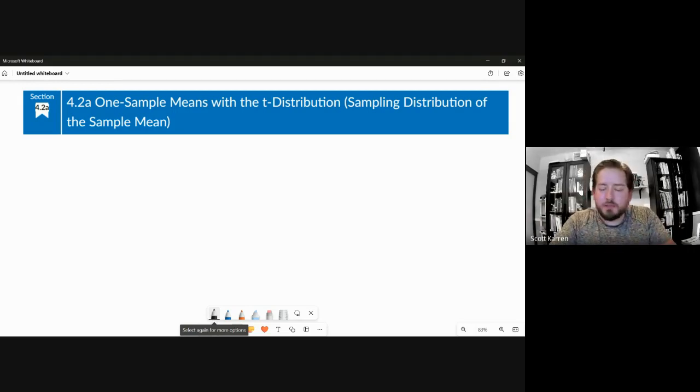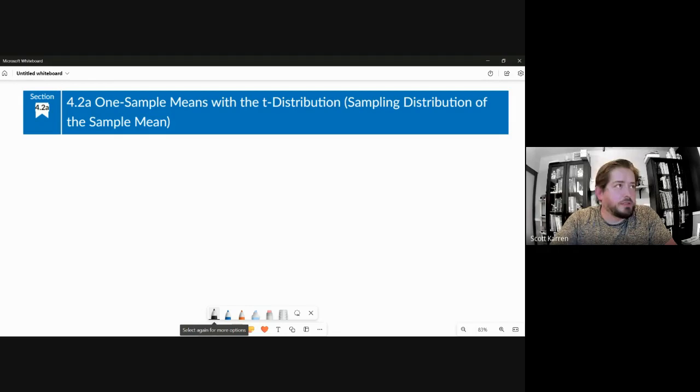And the way that we deal with that is to change from a normal distribution to a t-distribution. So the t-distribution deals with small, it can be big sample sizes as well, but it was designed to correct for the errors that come with having a small sample size.